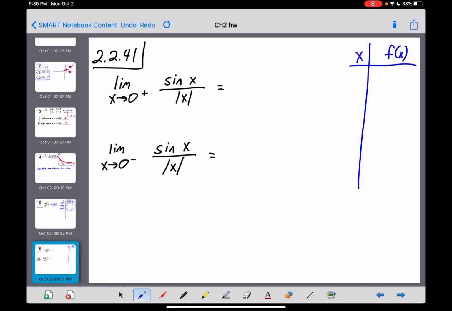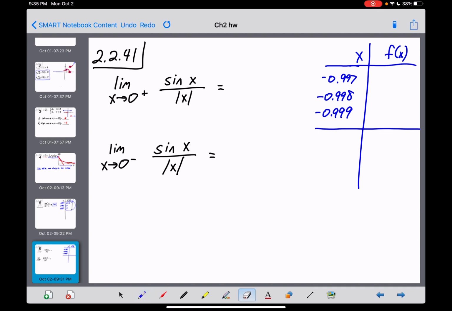So since I'm set up for thousandths, I think I'm going to begin this thing 3 thousandths to the left of 0. So that'll be a negative 0.997, and then negative 0.998, negative 0.999. I don't actually care what happens when x is equal to 0. I just realized that's wrong, guys.